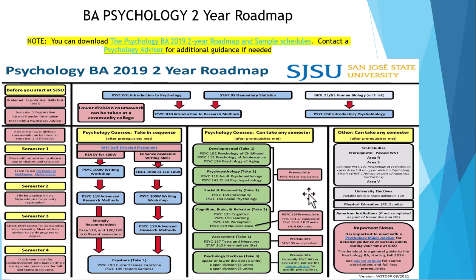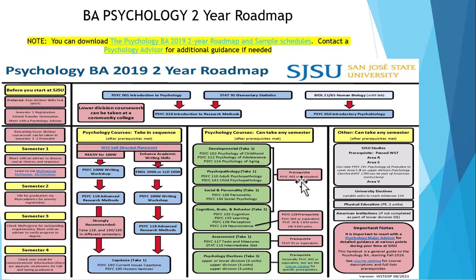In this area, we have our upper division psychology classes as well, but you can take these courses in any semester just as long as you've met the prerequisites for the courses. For instance, in these boxes here, the only prerequisite to take most of those courses is completion of Psych 1.